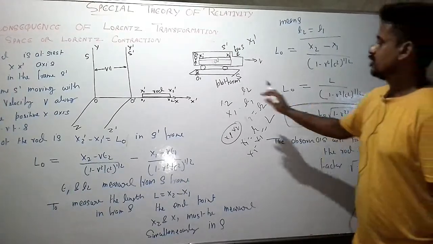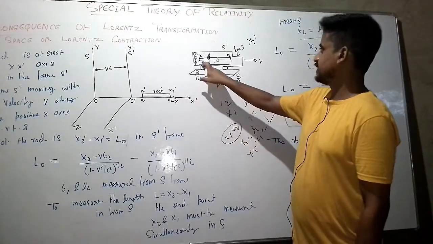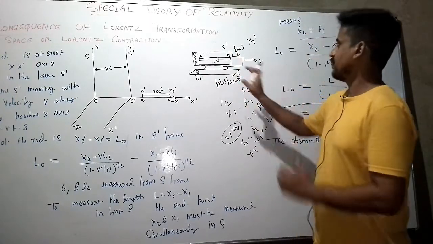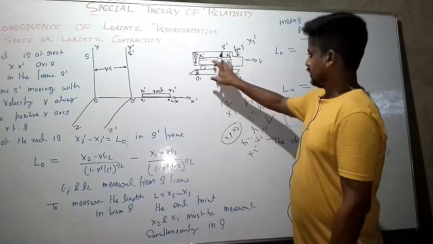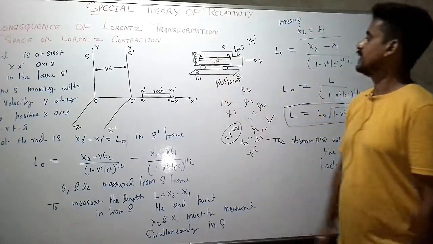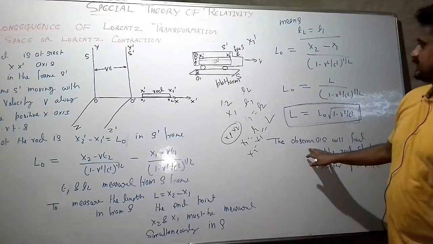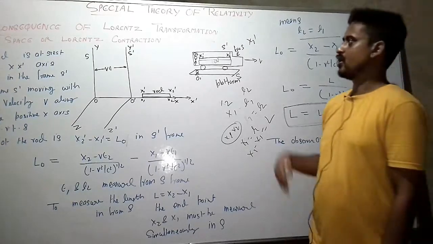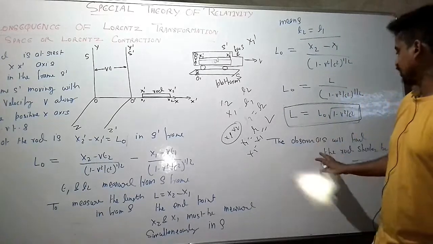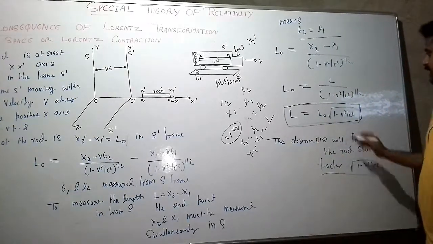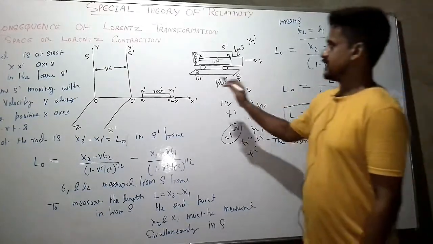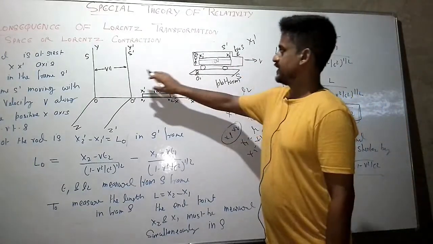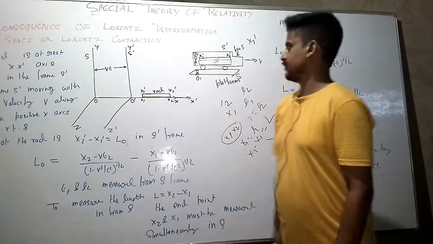It means the observer O1 will find this length shorter compared to the observer in the moving bus. So this fact is called space contraction, or length contraction, or Lorentz contraction. L naught is the length measured by the moving frame. L is the length measured by the unmoving frame.